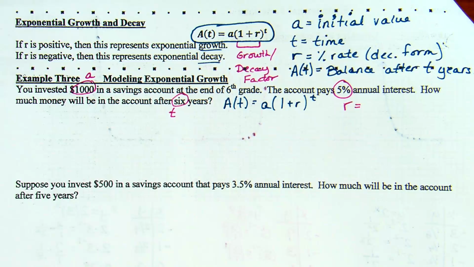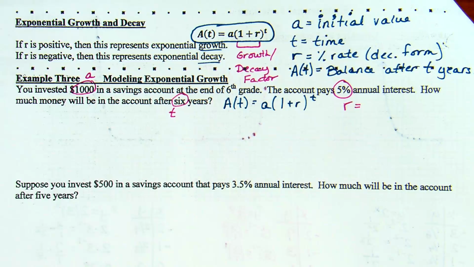Now, is this going to be a growth or decay situation? This is going to be growth, isn't it? And the key to watch here, I ask that because that's going to tell me that we're going to have to add our 0.05 in the equation. If it was decay, we'd want to be subtracting. But because it's growth, we're going to add it.